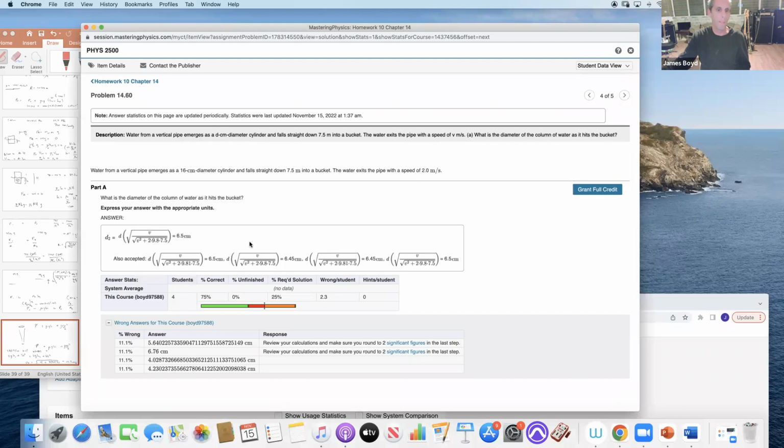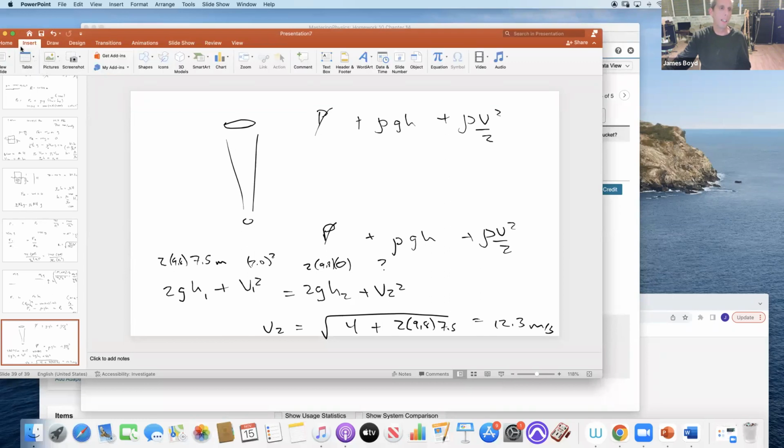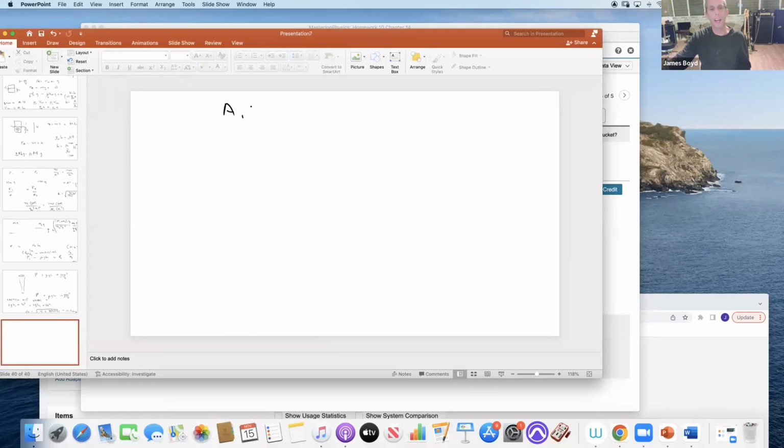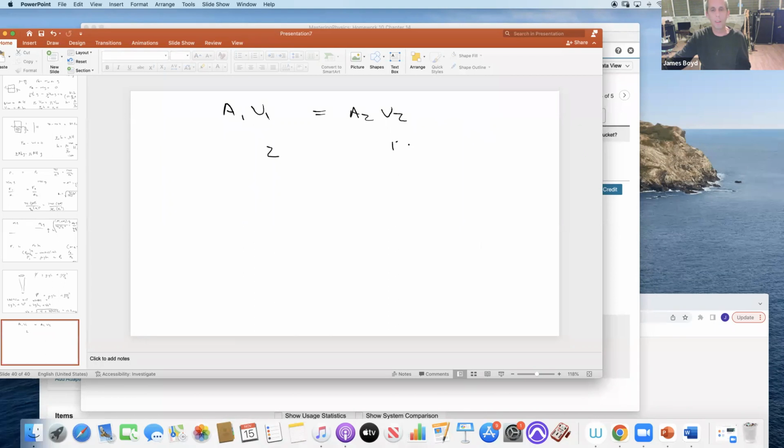Okay. But we want to know the diameter of the column of water. So by A1 V1 is equal to A2 V2, and we now know this was 2 and 12.3. If it's a circular column, then this is pi d squared over 4 and pi d squared over 4, 1 and 2. I want 2.